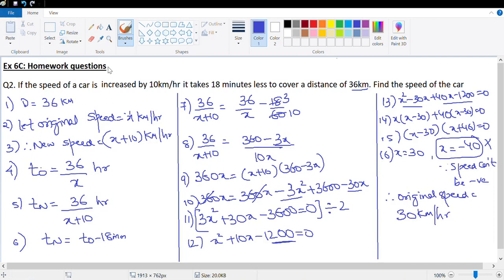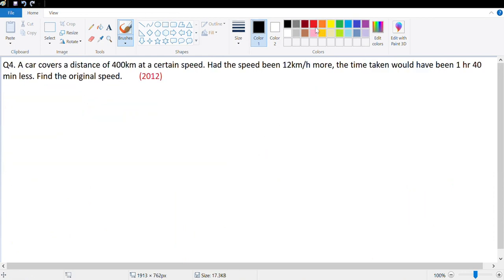The next homework question was question number 4. Question number 4 says a car covers a distance of 400 km at a certain speed. Let original speed be equal to x kilometer per hour.